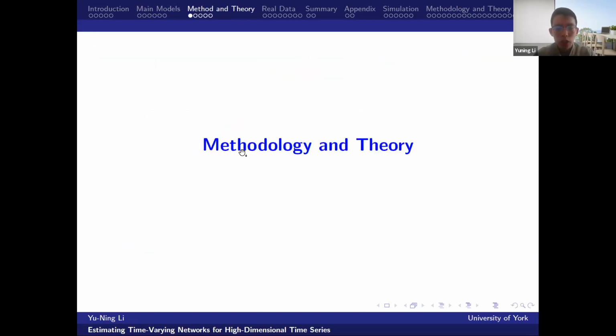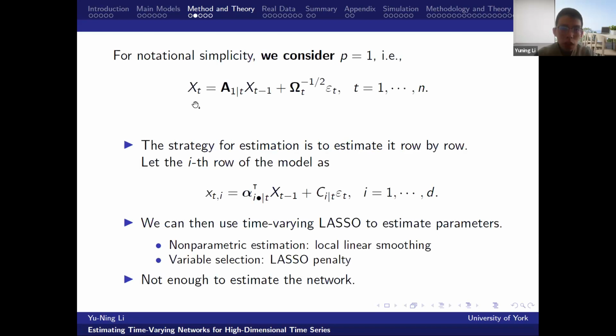So let me show you how we do the estimation. For notational simplicity, we consider only a VAR(1) model, and we write it like this. The strategy for estimation is that we estimate it row by row. If we take out the ith row of this model, we have such an equation.